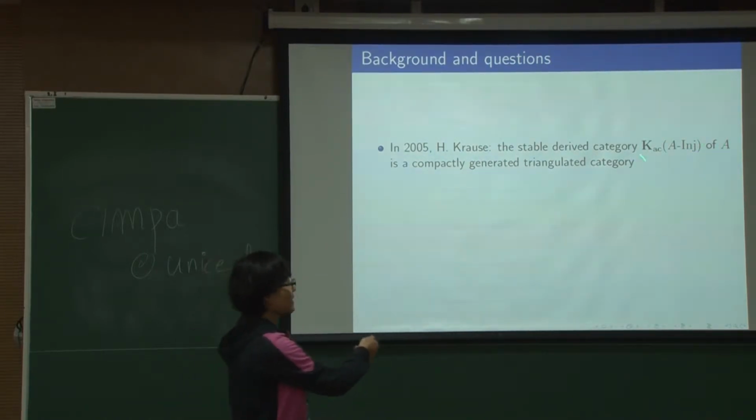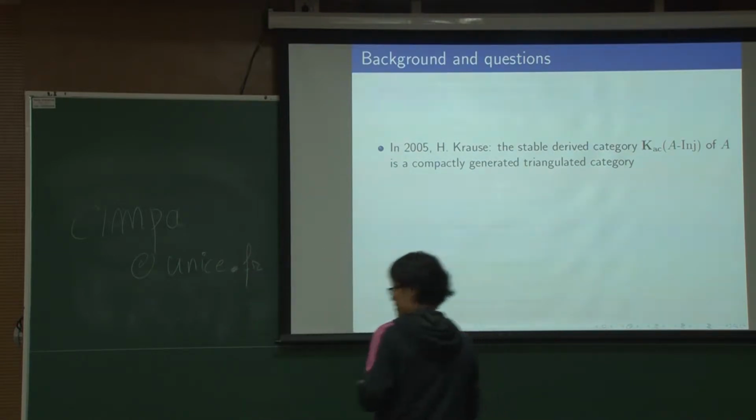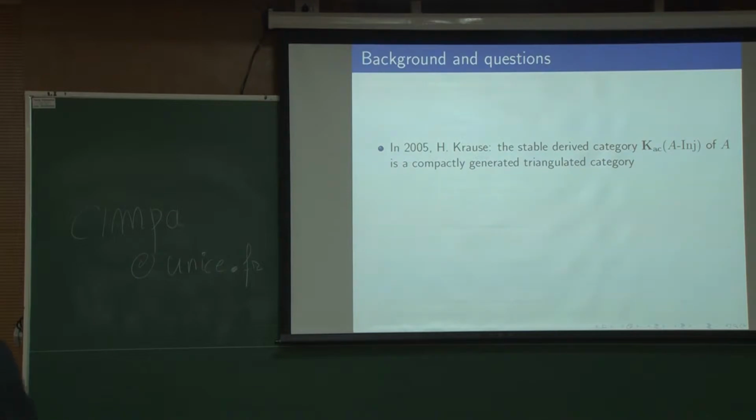Here, this category, in fact, is a homotopy category. It consists of complexes. A complex, or complex of modules, is a sequence like this. It contains all these X^{n+1}, which are objects or modules.